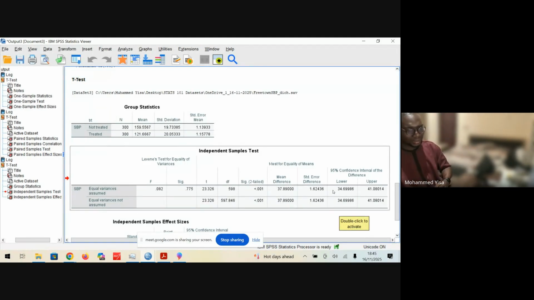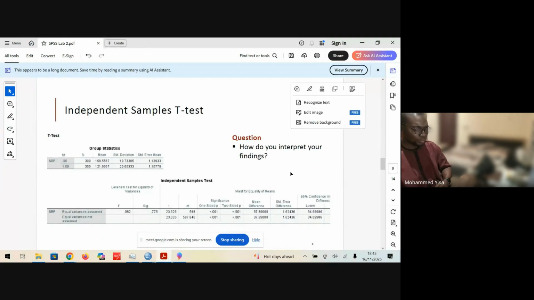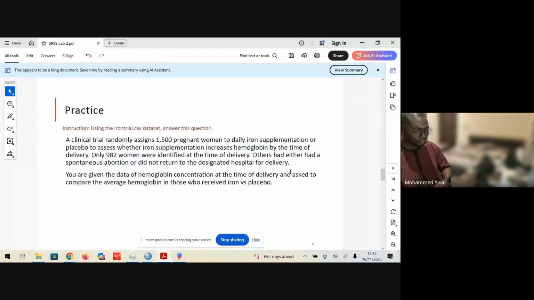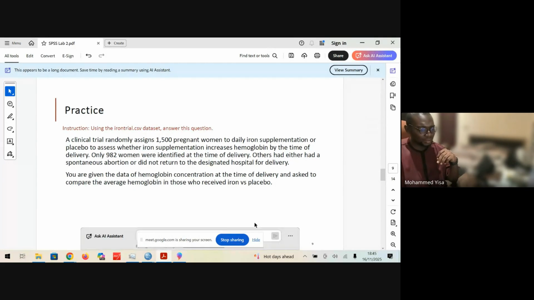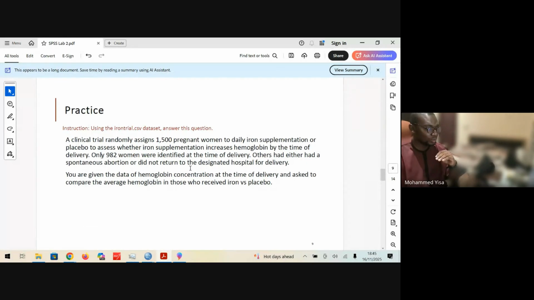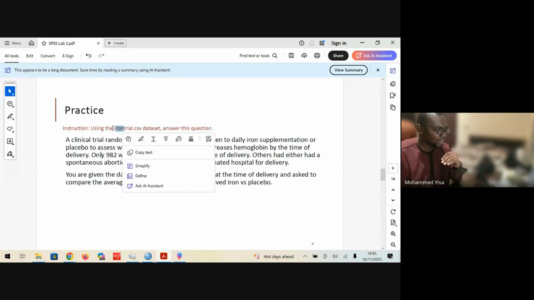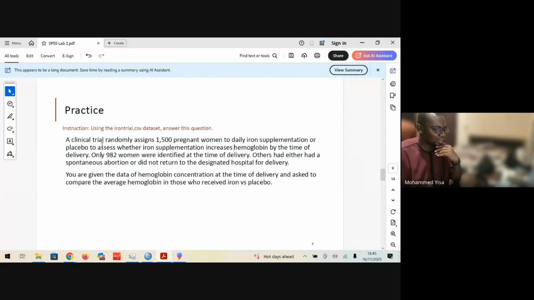And this is the confidence interval. So when we come to the next page, this is, like I was saying, a practice test. However, we have 15 minutes to go on this lab. So I'm going to leave this for you. You can take the iron trial data set and answer this question.